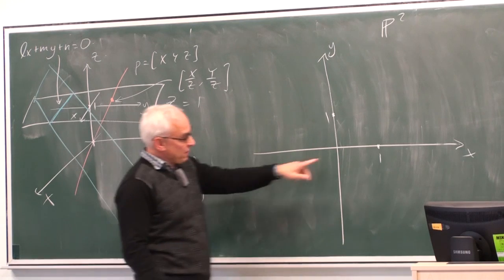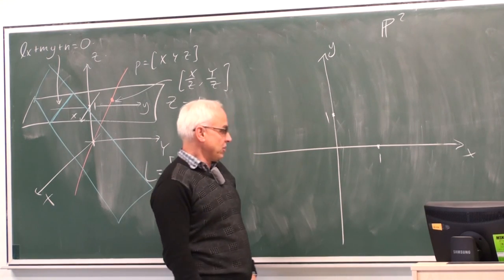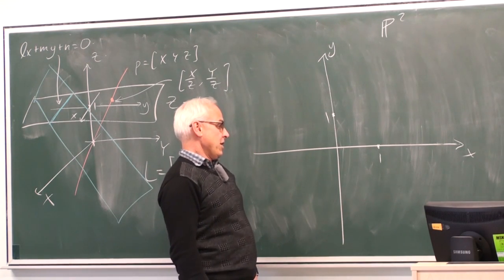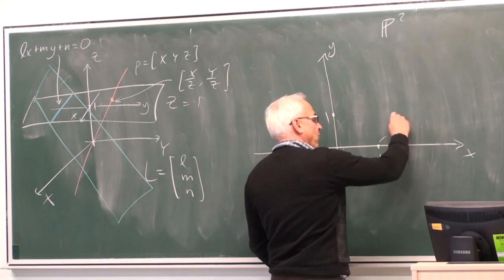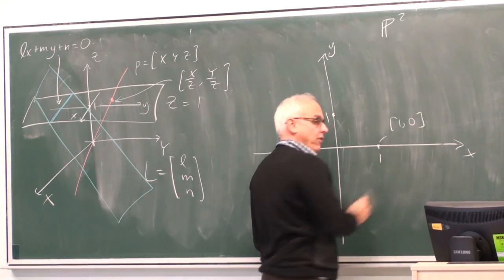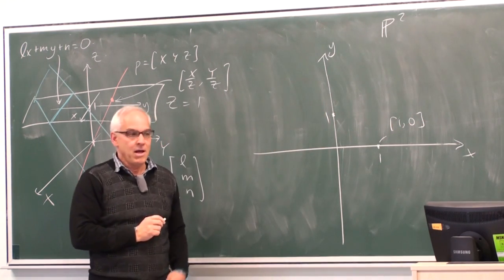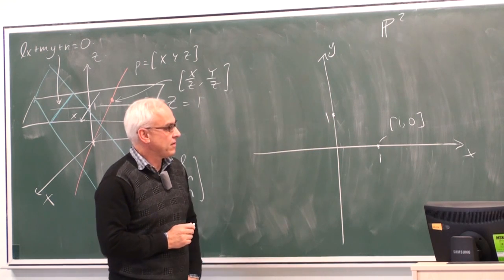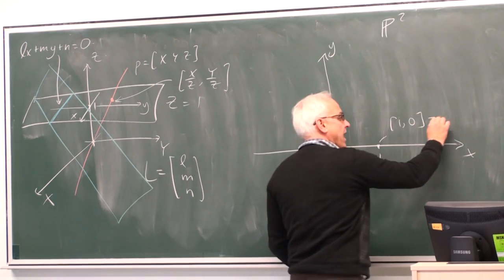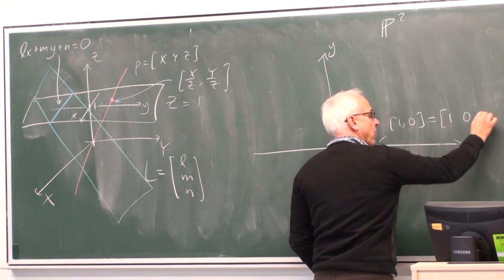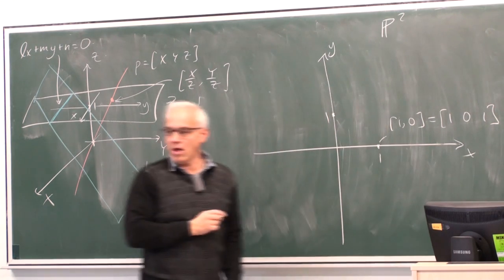Okay, so this point here, for example, this unit vector point, ordinarily we would write it as 1, 0. But in this projective setting, we would write that as the point 1 0 1, with no commas.